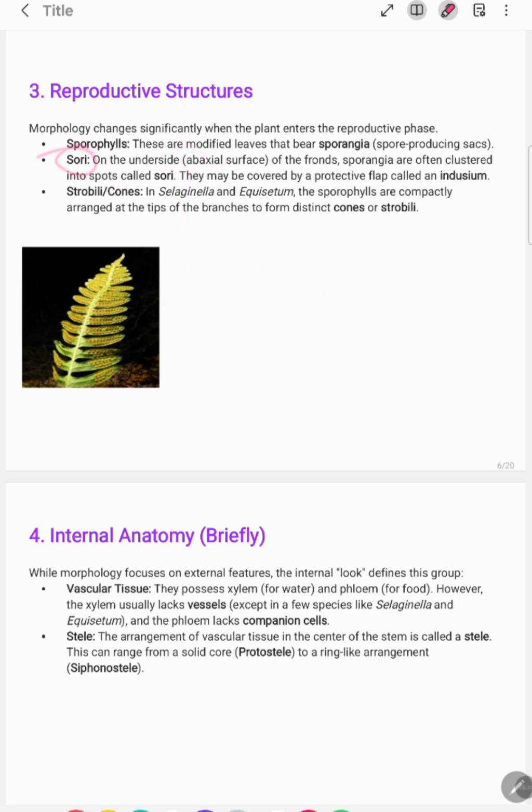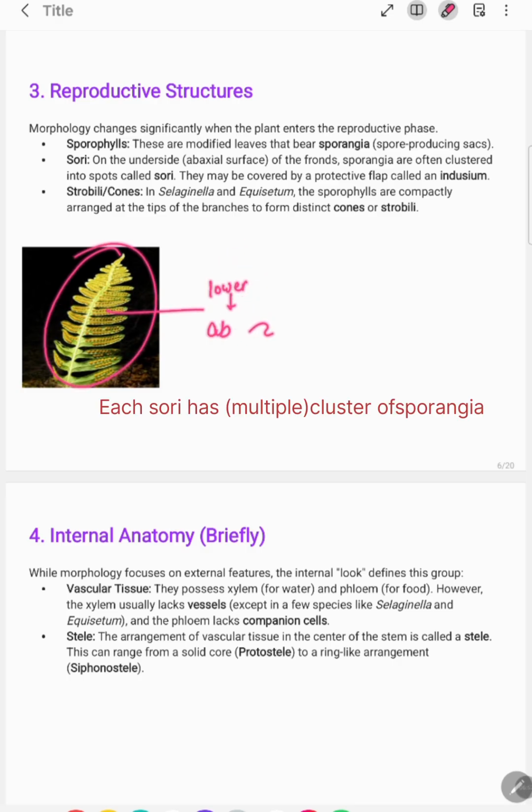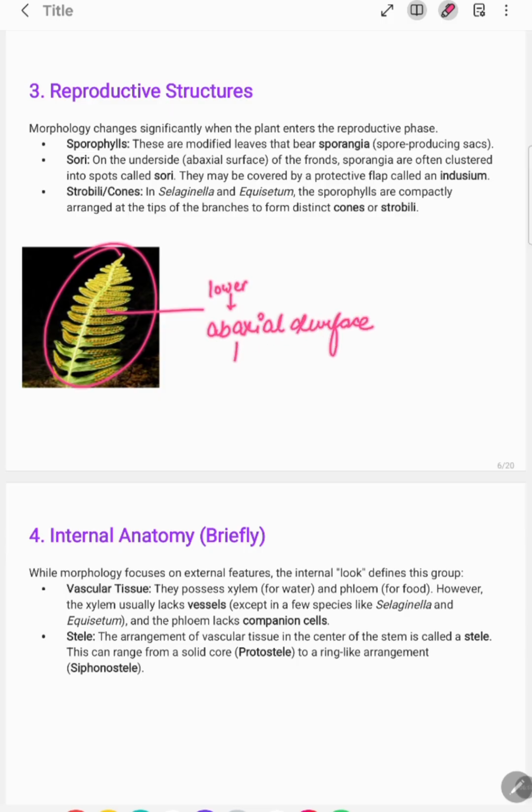So what are sori? Now we are dealing with a particular term, sori. The sporophyll represents the leaf. This whole leaf is known as sporophyll. The sori are these brown dot-like structures, present on the lower, abaxial surface of the leaf.